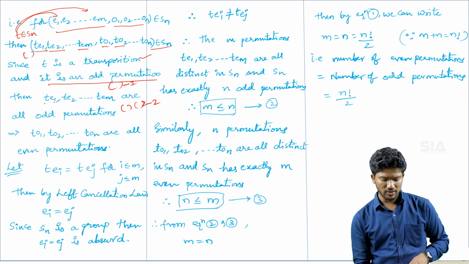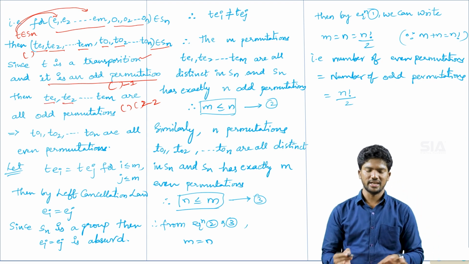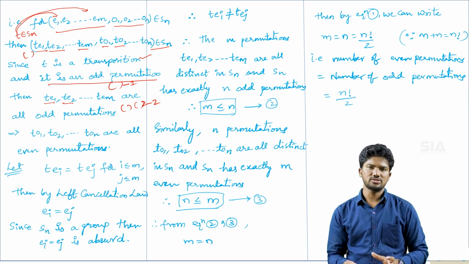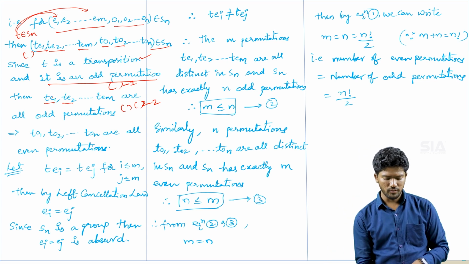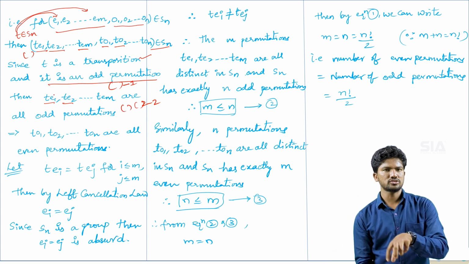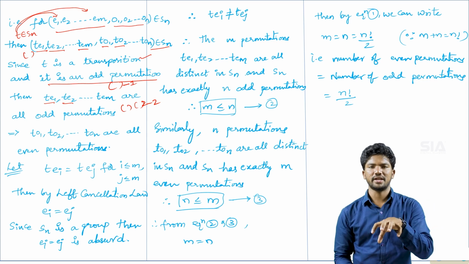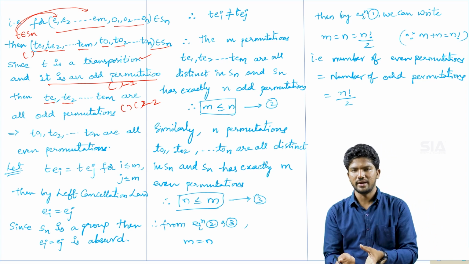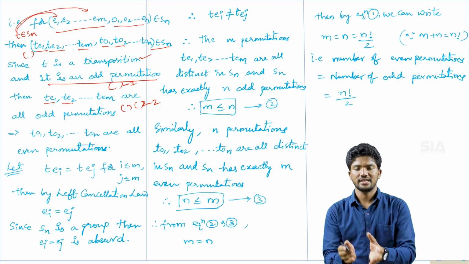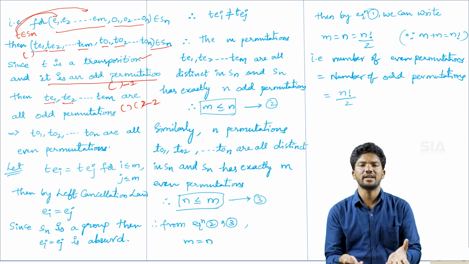Then t into E1, t into E2 up to t into Em are also odd permutations. Why? Because E1, E2 up to Em are even permutations. For an even permutation, if you add one more transposition, then the even number becomes odd.